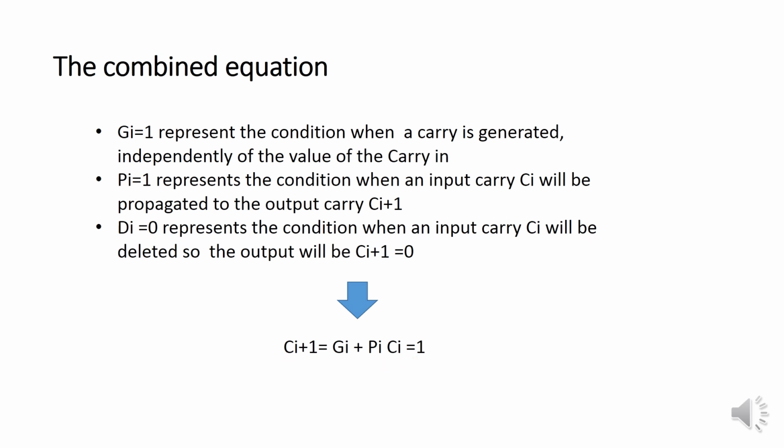Which means the carry output is 1 if either the carry is generated or the propagate function is 1 and the input carry is 1. So, if either of these conditions are true, then the output carry will be 1.